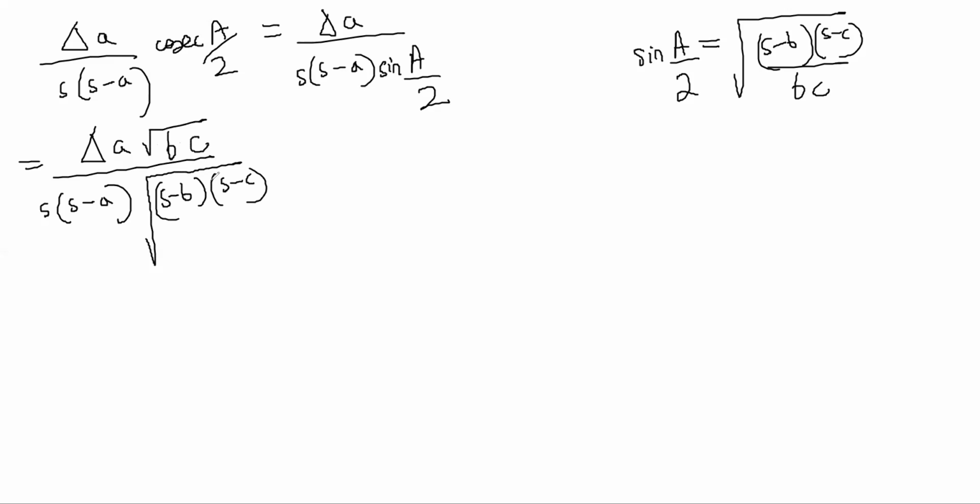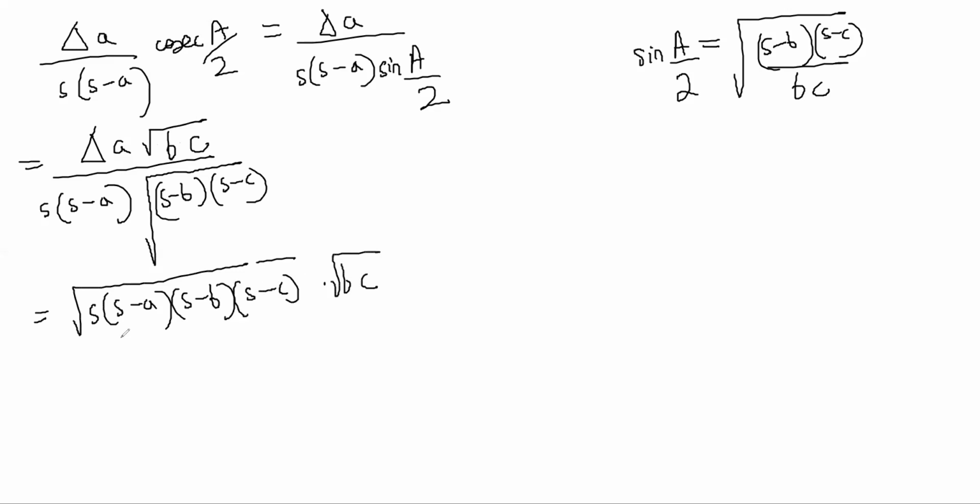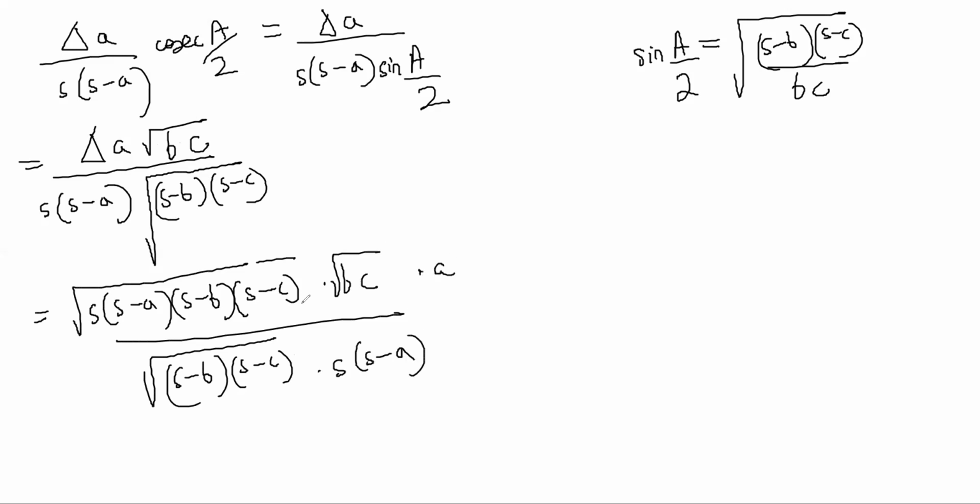You also have del is equal to root over S minus A, S minus B, S minus C, into root S. So this gets cancelled, this also gets cancelled.